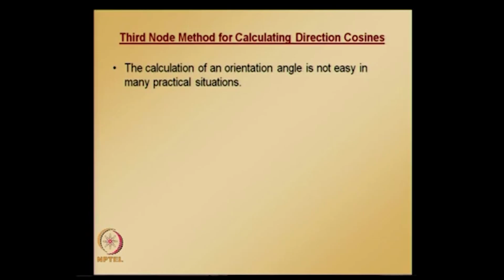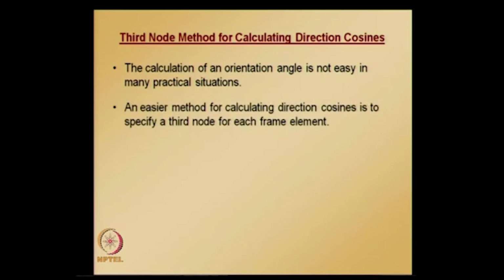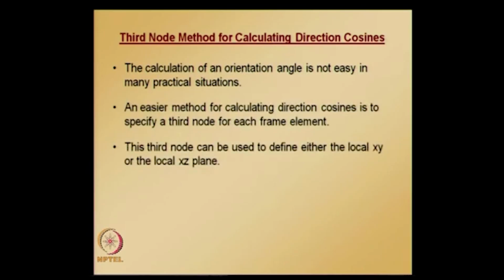calculation of an orientation angle is not easy in many practical situations. In this case, you can use this third node method. An easier method for calculating direction cosine is to specify a third node for each frame element, and how to specify this and all these details will be clearer to you when we actually look at more details in a while. This third node can be used to define either local xy or local xz planes.